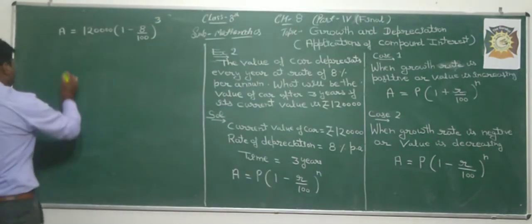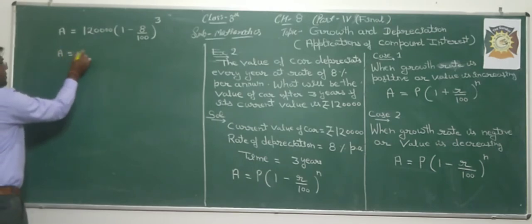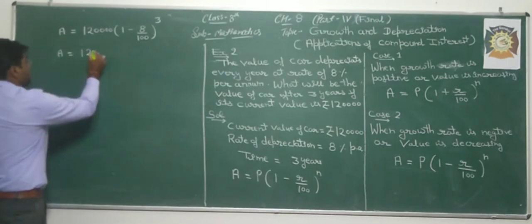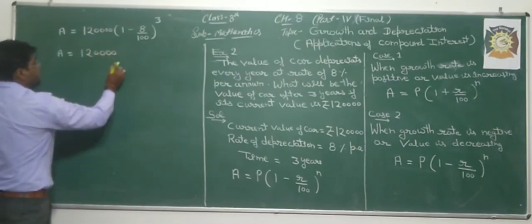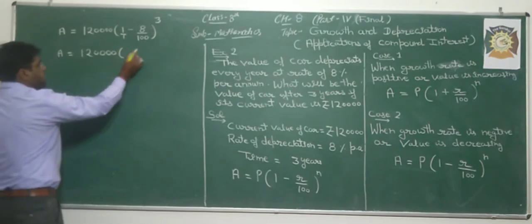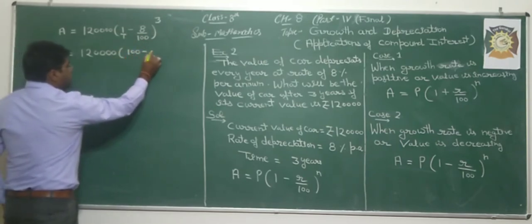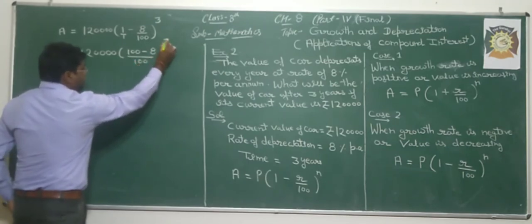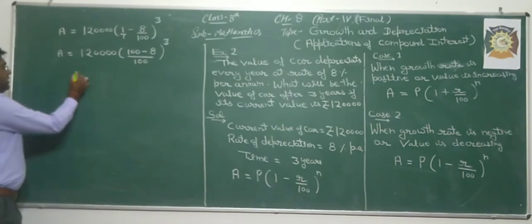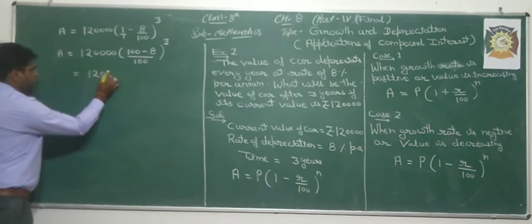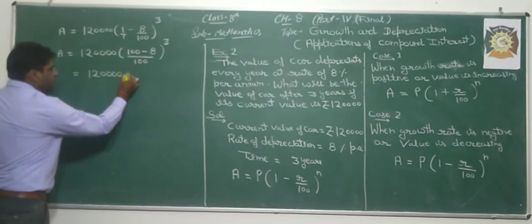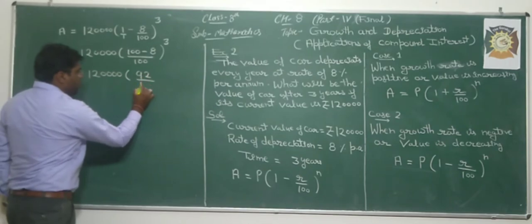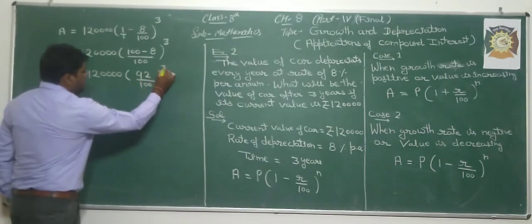Now simplify this one. It is 1,20,000 into 100 minus 8 upon 100 raised to the power 3. Then it becomes 100 minus 8, this is 92 upon 100 raised to the power 3.